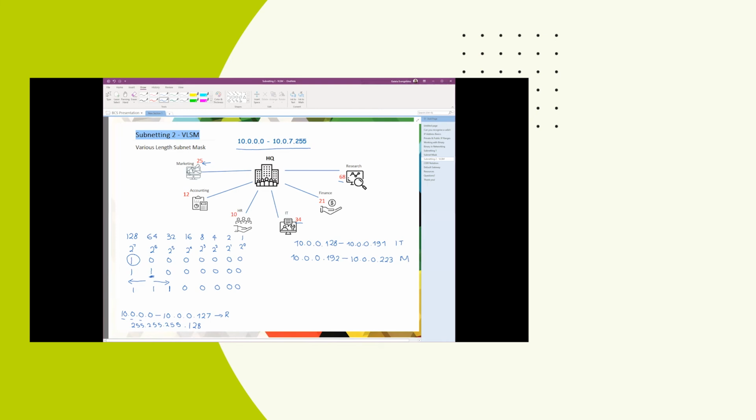What is the subnet mask of the IT subnet, the IT network? If you see, it has got two 1 bits, one on the 128 and another one here on 64.